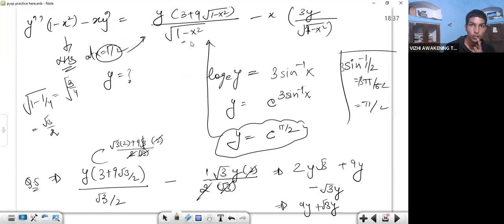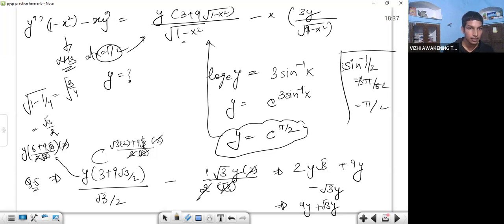3 plus 9 into that is root 3 by 2. So 2 is the LCM now, and 2 will cancel 2. It will become 6 plus, okay, 3. Let's solve this. Y into 2 is LCM. 6 plus 9 root 3 by 2, root 3 into 2.